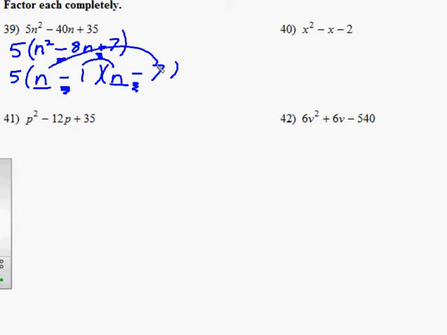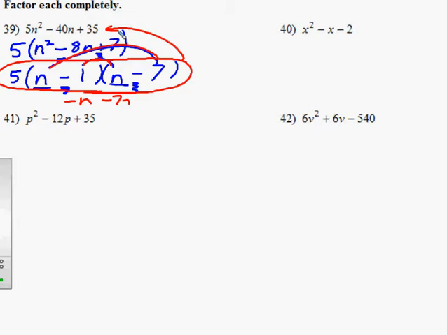So let's just check this quickly. We have negative n minus 7n, and that would give us the negative 8n. So this right here, I know it got a little sloppy, is our answer. This will multiply out to equal this right here. So that's factoring. We found the factors that will multiply together to equal that original thing.